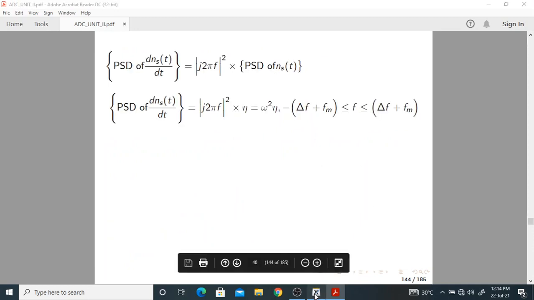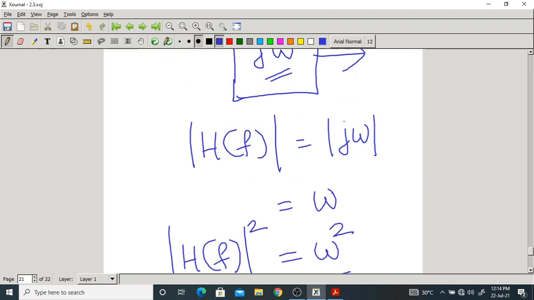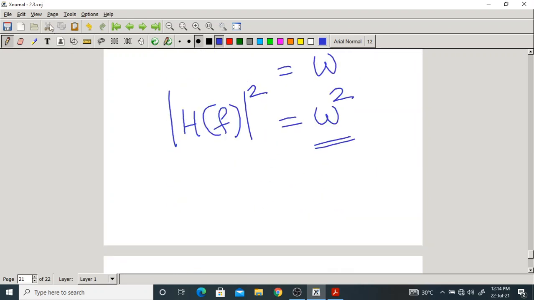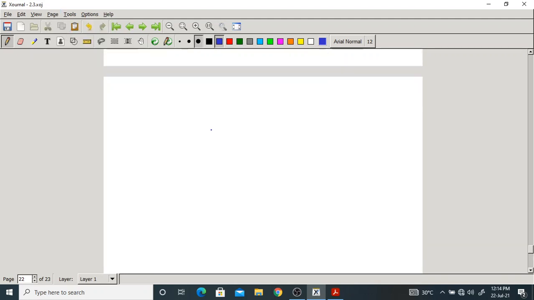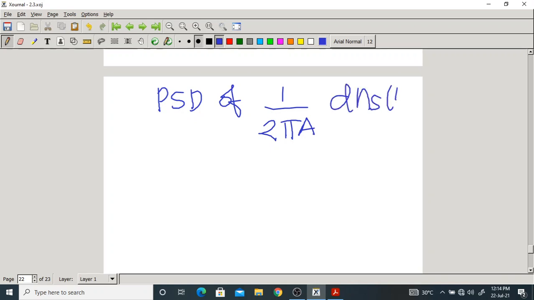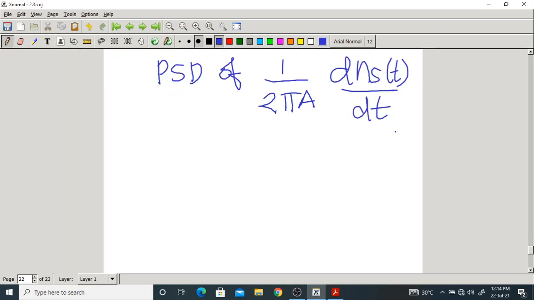Okay, so here the simplest thing is something like this. We want to find out the PSD of the noise component, 1 by 2 pi a d ns of t by dt.